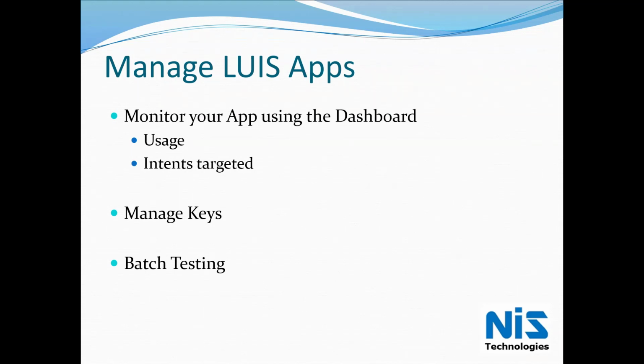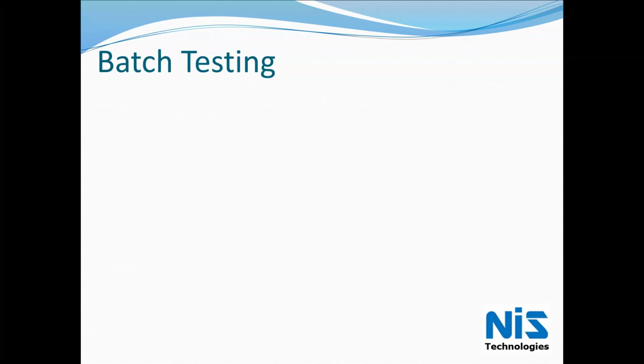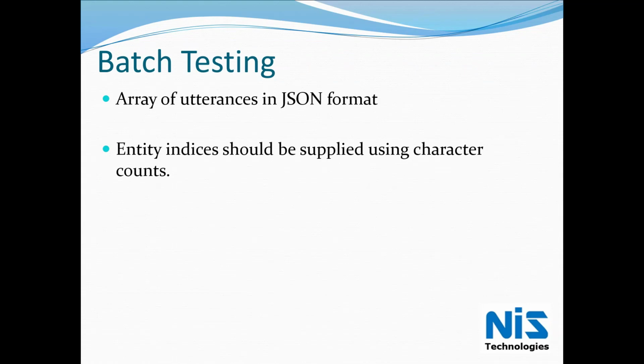I can also use it for batch testing, where I can upload a set of utterances and then tie them to a specific intent all through batch. And with batch, it's essentially an array of utterances in JSON format, where the entity indices would be supplied using the character count. So I'm specifying where the entity is located in the same manner that it had responded when it showed me that Mustang was start index 13 and end index 19.